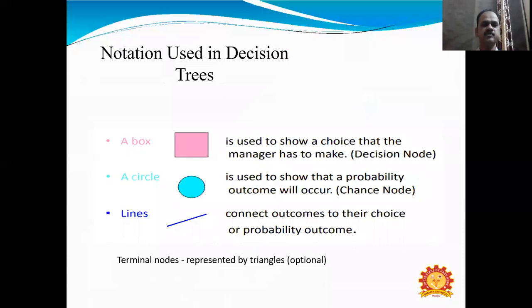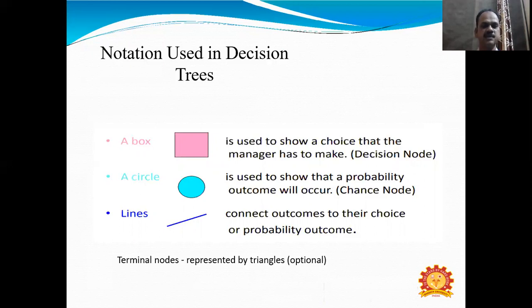Notation used in decision trees: a box is used to show a choice that the manager has to make, the decision node. Here, the square box represents the decision node.